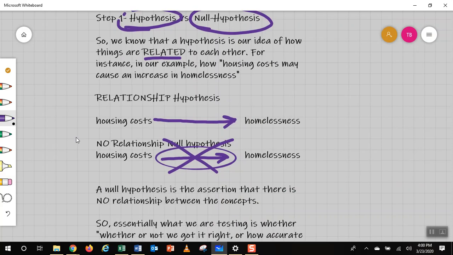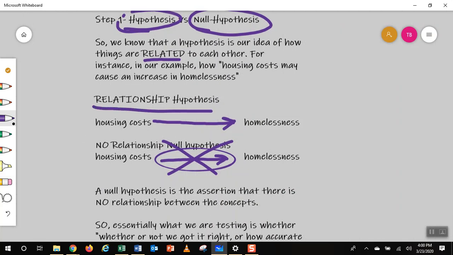So when we talk about the relationship in a hypothesis, like we talked about up above, housing costs are related to homelessness. We're saying that housing costs cause homelessness in California. That's the relationship. Whereas in a null hypothesis, we're arguing that there is no relationship between the two things, essentially getting at the idea that housing costs are not related to homelessness.